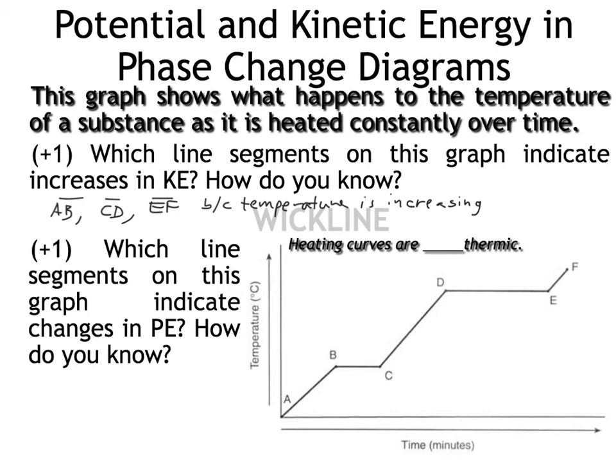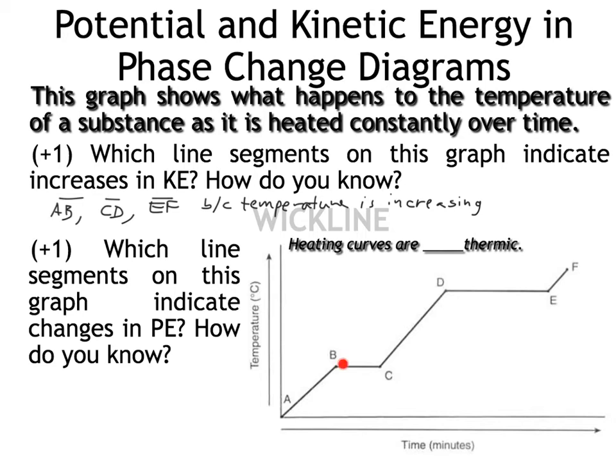The line segments on the graph that indicate changes in potential energy would be BC and DE. Now this one's a little bit trickier. The reason I know that is because the substance is being heated constantly over time, so the substance is absorbing heat at all moments. During sections AB, CD, and EF, it's obvious the way that it's absorbing heat. It's using the heat to increase kinetic energy.